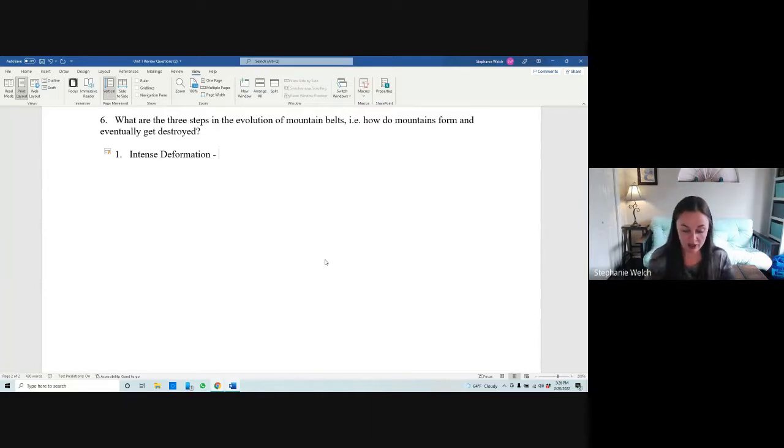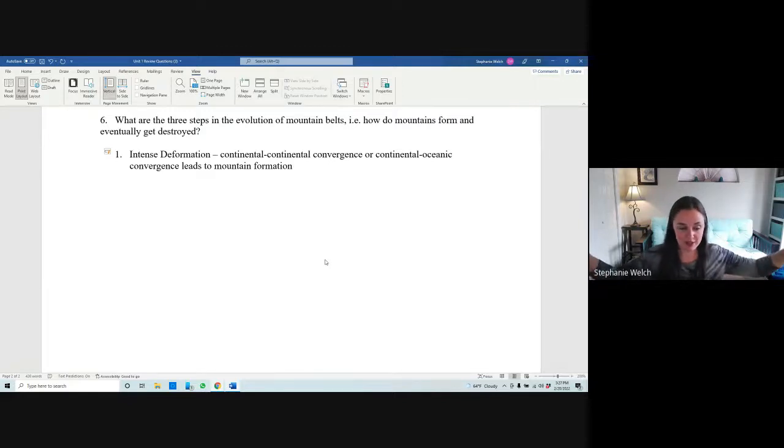So whenever you have either continental convergence or continental-oceanic convergence, that leads to mountain formation.